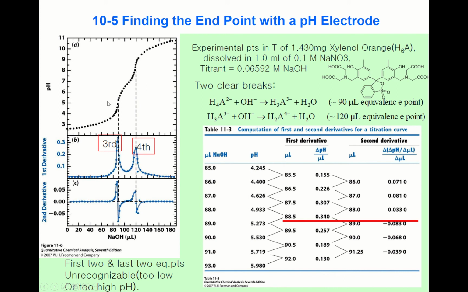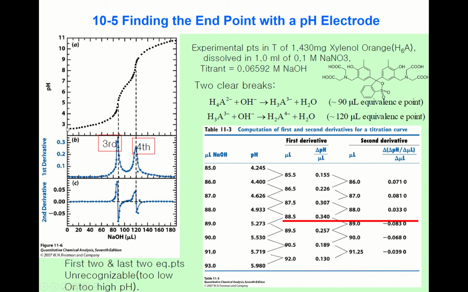Likewise here in this case, the diurnal orange's first dissociation maybe here and the second one maybe here, but K1 and K2 are large, so they are not clearly seen.